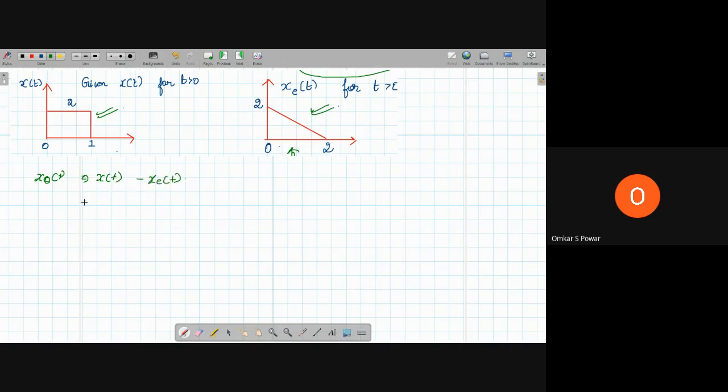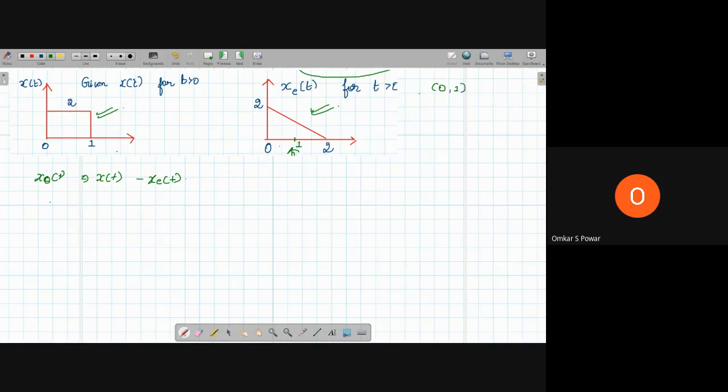If you want to subtract, from 0 to 1 and from 1 to 2 you have to write the equation, because a square minus a ramp you can't say directly. If it was a square it was okay, but since it's a square and a ramp, we have to solve it like I did before.